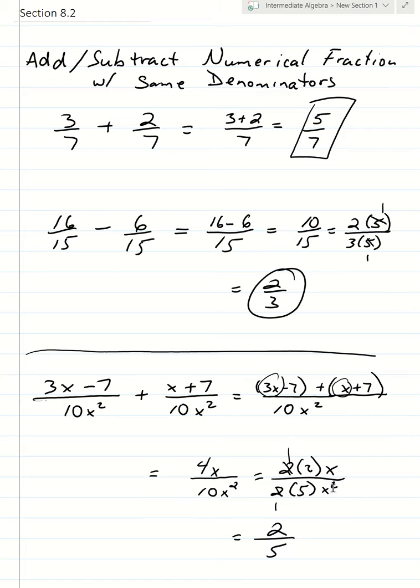And here, like we learned way back in, I believe, chapter 6, when we are dividing the same variable, we have to subtract the powers. And since x is larger in the bottom, x will stay there. And if we do 2 minus 1, we're left with 1, x in the denominator. So we have 2 over 5x as your simplified answer.